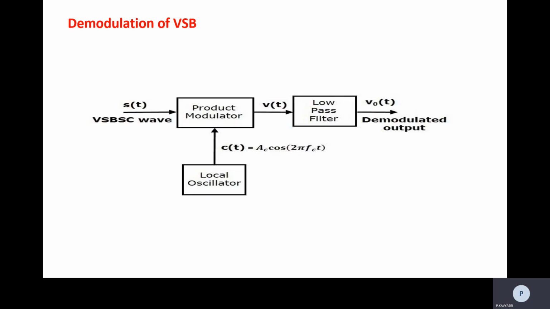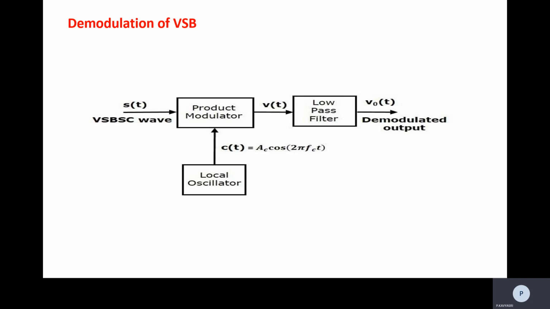Now we will see the demodulation of VSB. I already said demodulation means the reverse process of modulation, so we get back the original signal. The input to the product modulator is the VSB signal, S of t, and the carrier signal, C of t, is generated from the local oscillator.